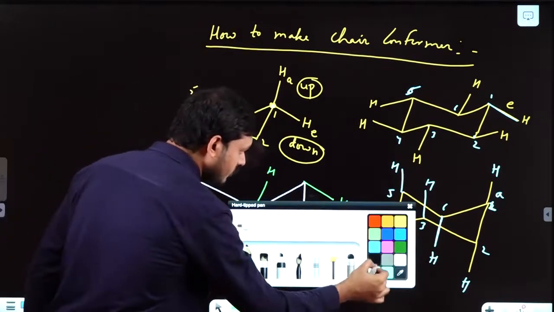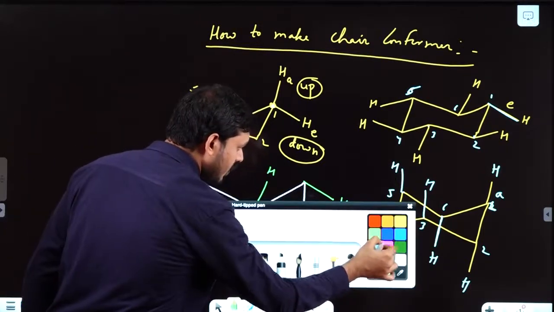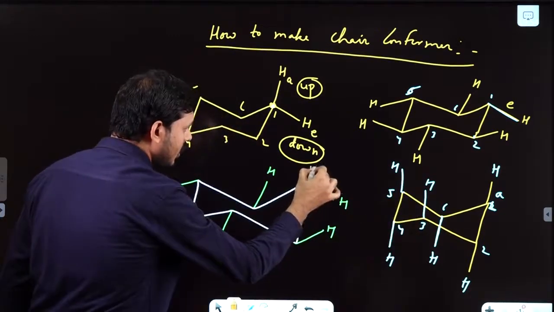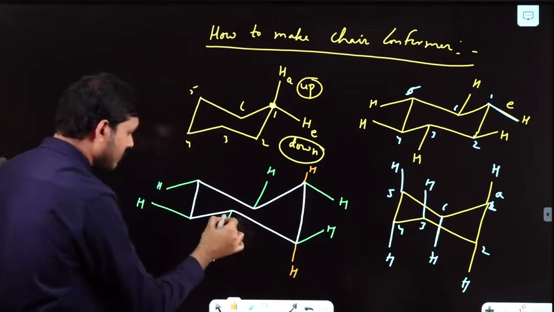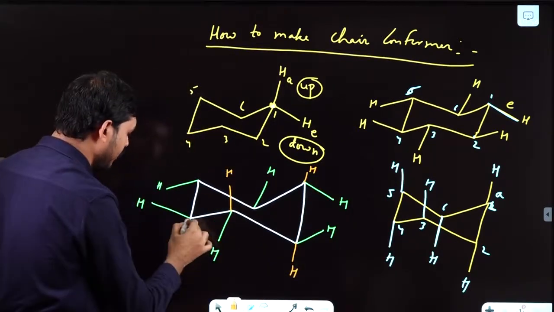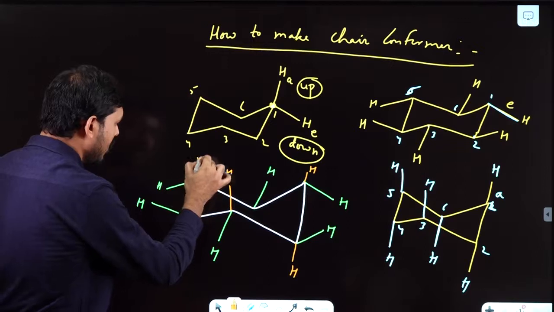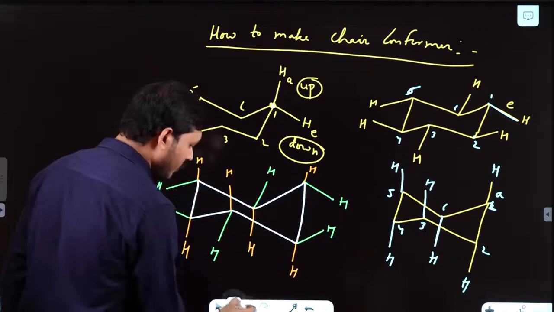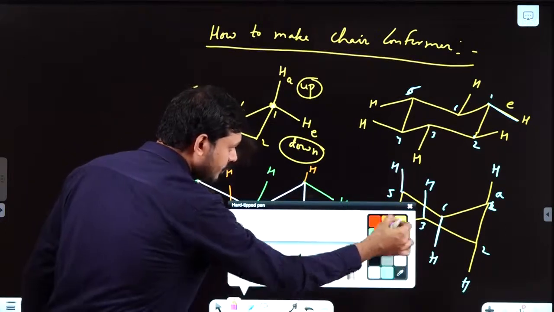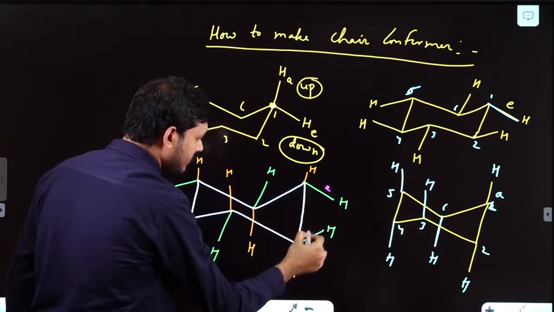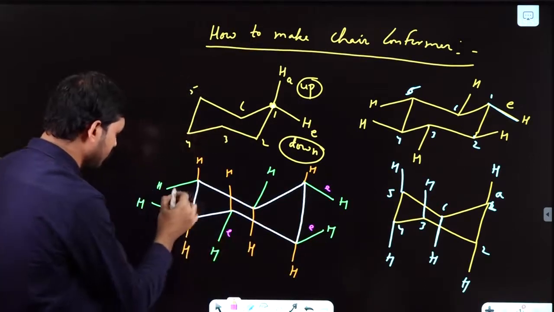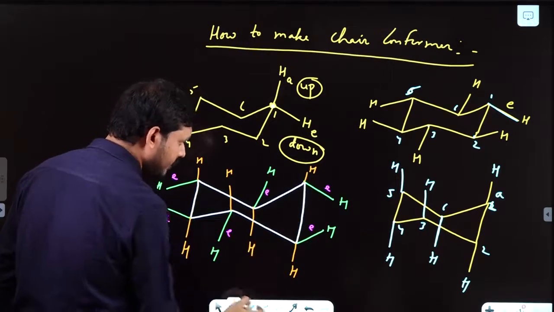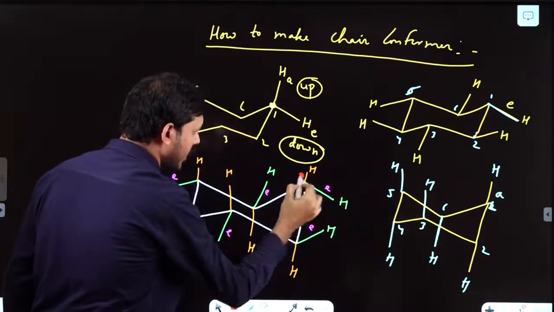Now let's take up, down, up, down, up, down. These are your axial positions. So if I'll make marking, and this one is your A.